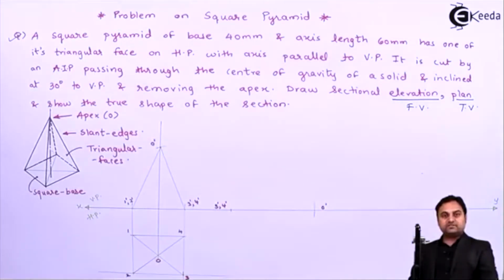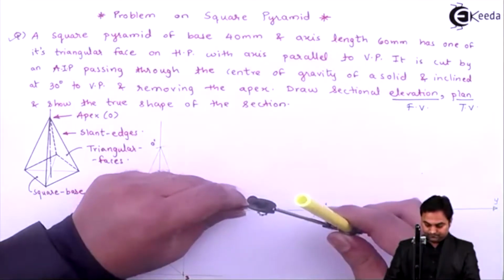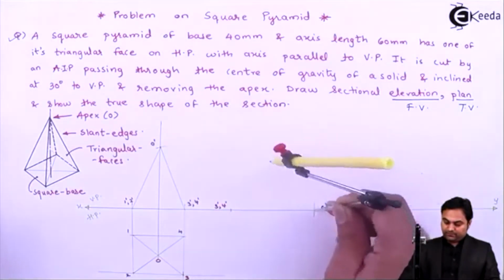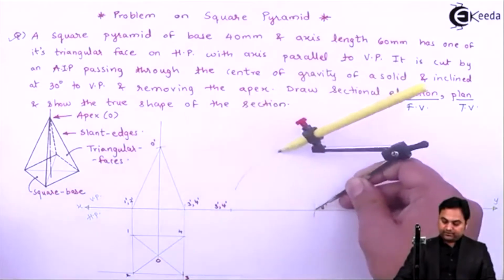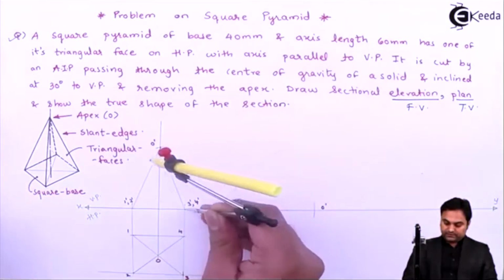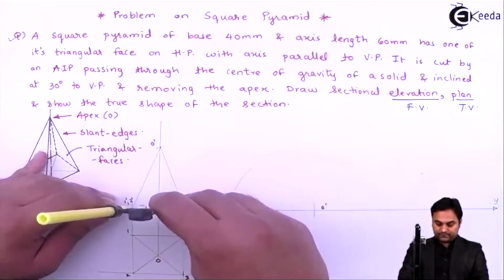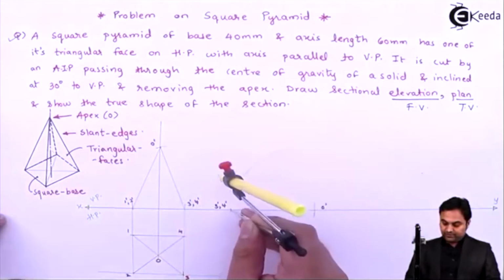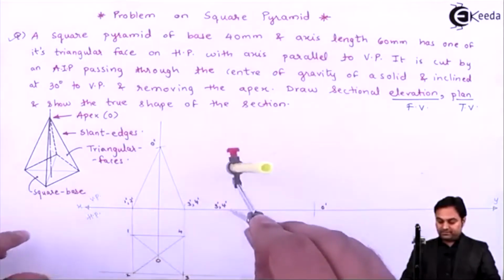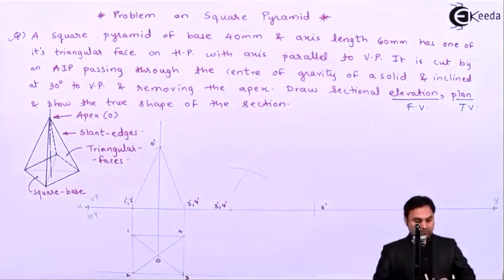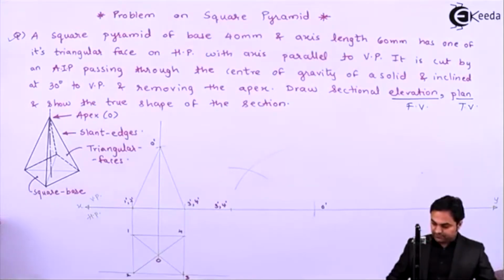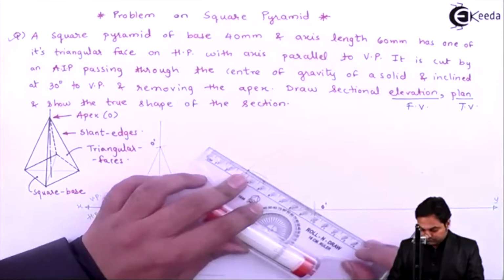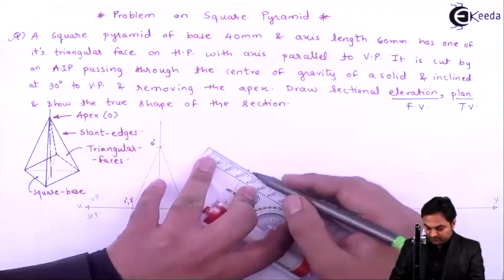Then keeping the same slant edge, keeping the point on O dash, drawing a light arc through it. Next, measuring the base, keeping it on 3 dash 4 dash, cutting this arc. Here I am getting that intersection point. Joining with the help of light line.